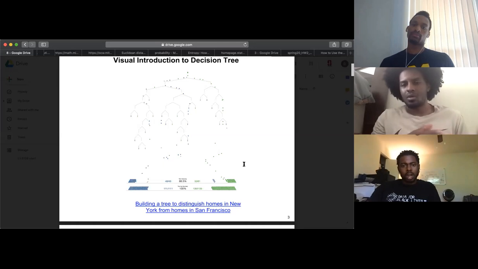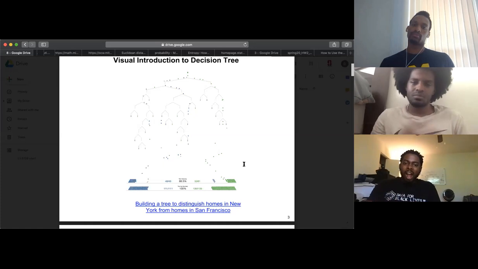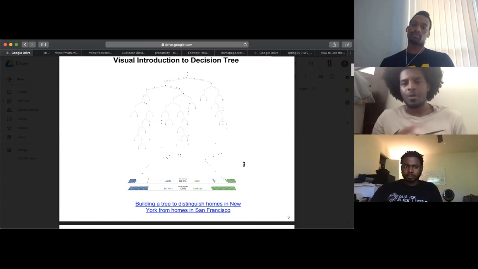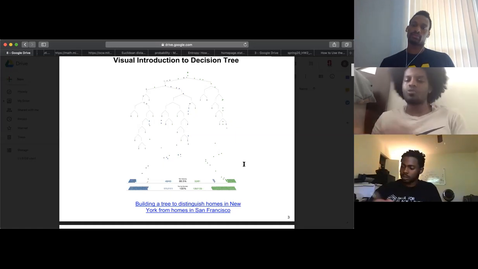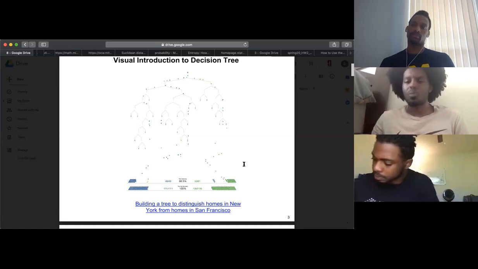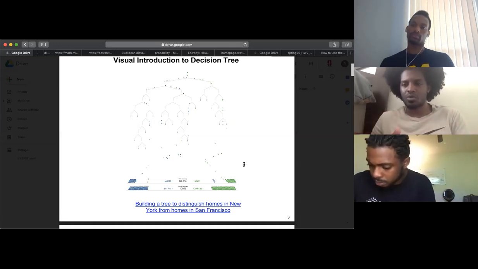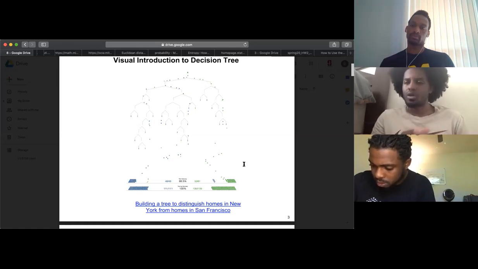I would take all of the data for homes that have a basement and move that to the left. And if the answer was no, I move the groups that didn't have a basement to the right, and then continually ask questions until I can whittle down to a pure group. All the data points in this group are homes from New York, and all the data points in this group are homes from San Francisco.